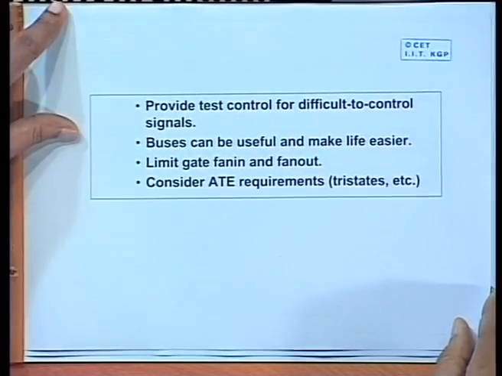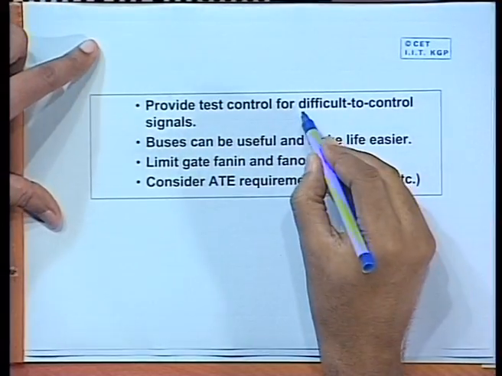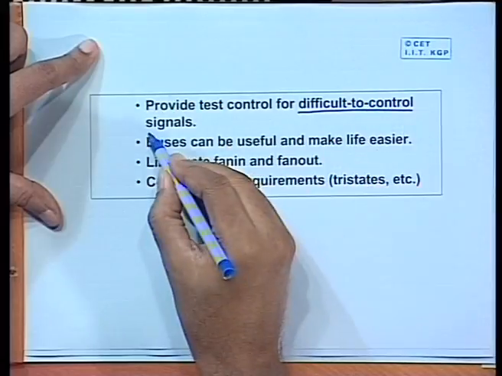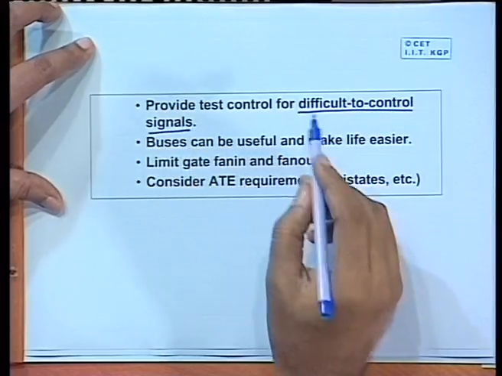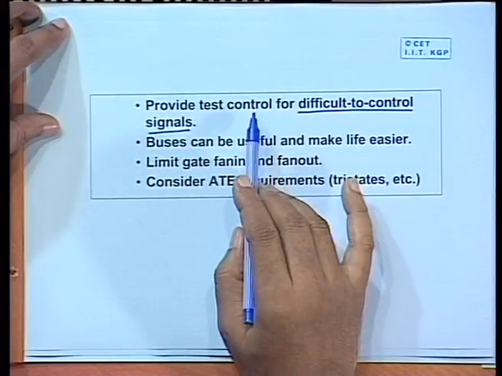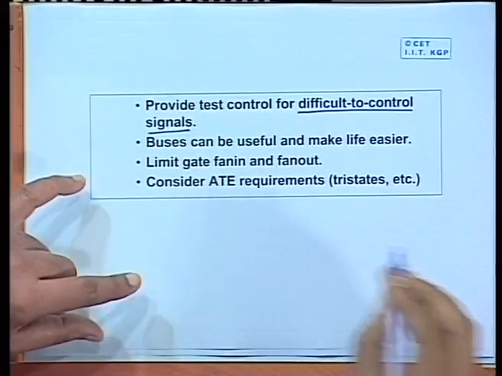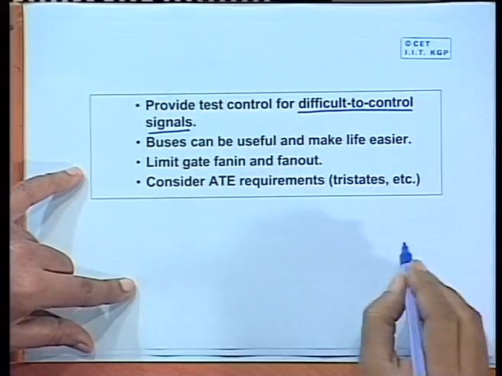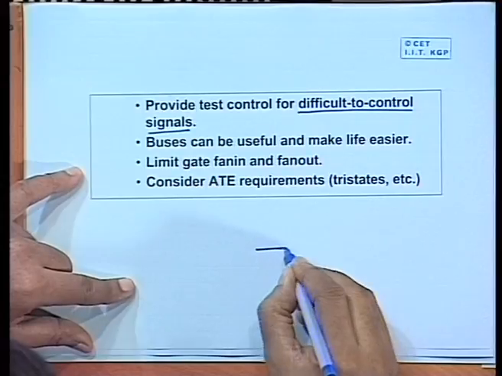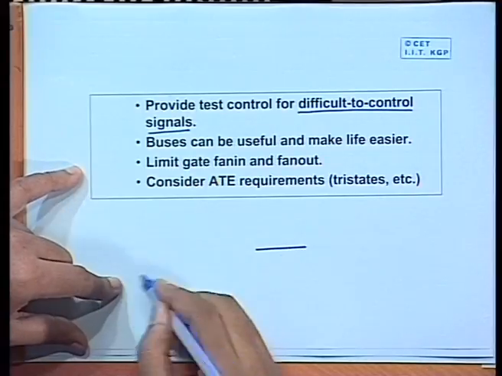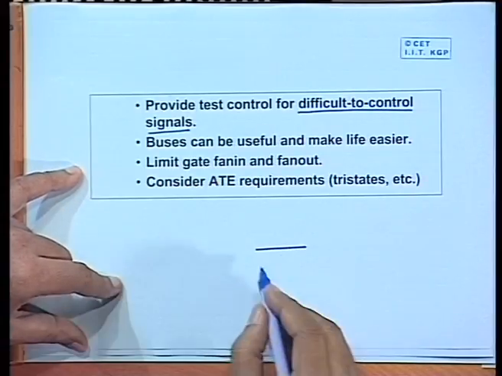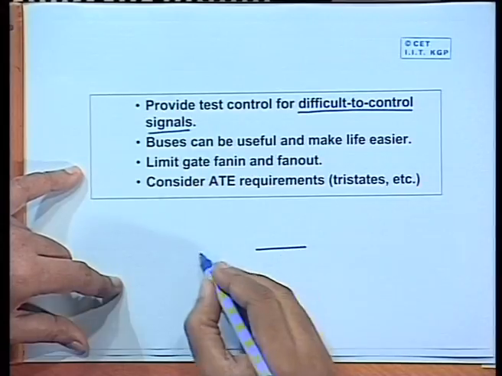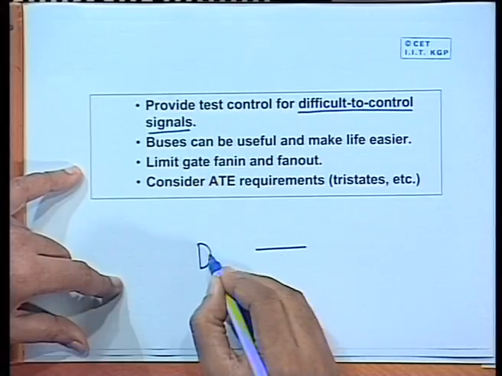And if you find through analysis that there are some difficult to control signals, then you can provide some separate test control for them. For example, inside a circuit, if you find out that this is a signal which externally is very difficult to test, to control. This is possibly coming from the output of a gate.